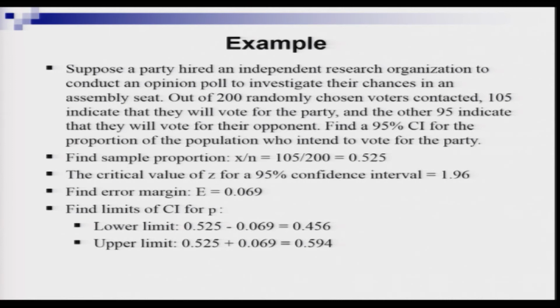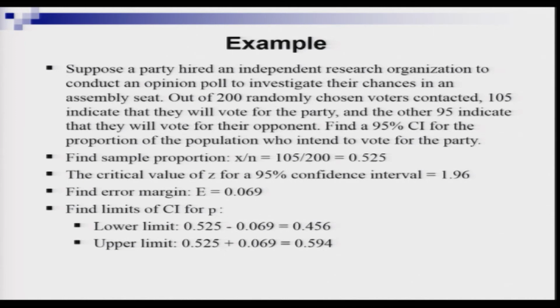Now the next step is to find the critical value of z. Why z? Because we have 200, which is a large sample, and if you multiply that number 200 with the p hat and also the q hat, which is 1 minus p hat, you will see that it satisfies the criteria we have set for the normal approximation to discrete data in the case of population proportion. So we can safely apply the standard normal table to find the critical value for a 95% confidence interval.